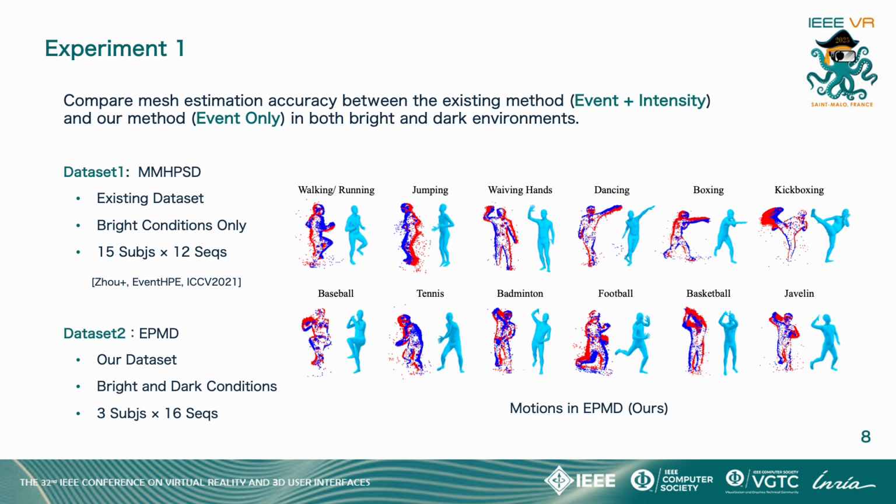We evaluate both approaches under bright and dark conditions. For the existing dataset, MMHPSD, the data was captured solely in bright settings. On the other hand, EPMD is our own dataset recorded in both bright and dark environments. As you can see from the right figure, EPMD includes a wide variety of motions.